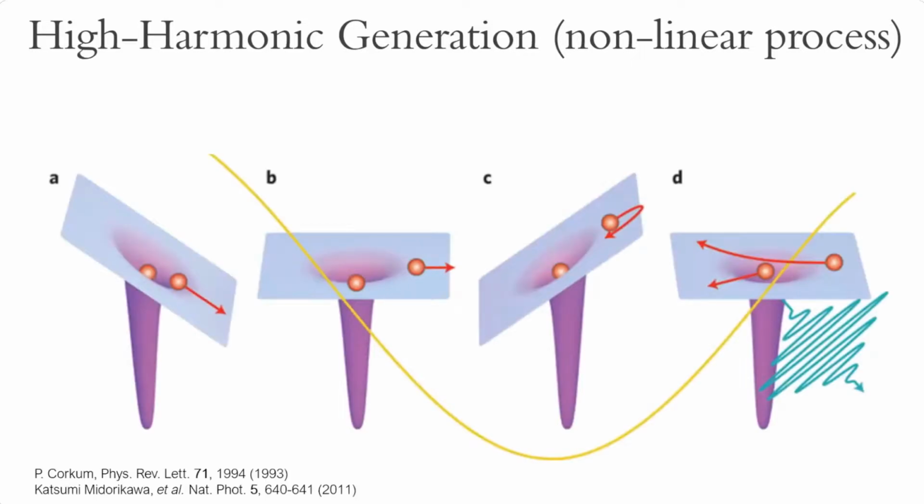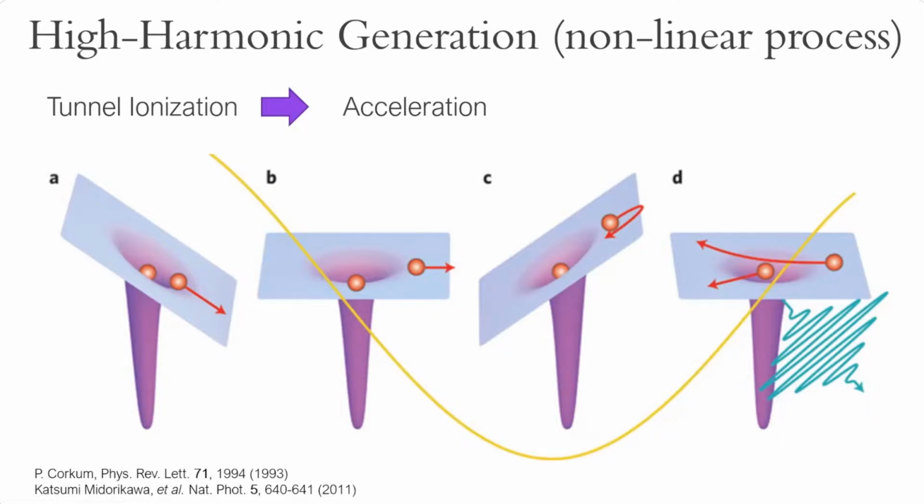In this model, this picture is from Midikora from National Photo, but the idea was introduced by Paul Corkum in his 1993 paper, where he suggested a three-step model where first an electron is tunnel ionized or over the barrier ionized away from the nucleus, which we can see in step A here, at which point the electron is then accelerated away from the nucleus.